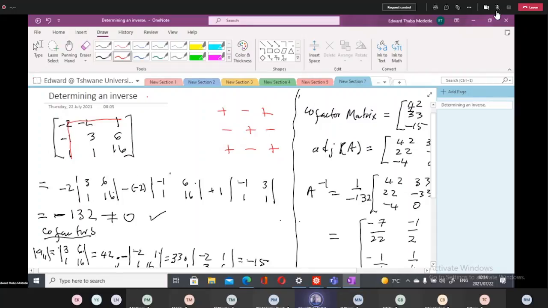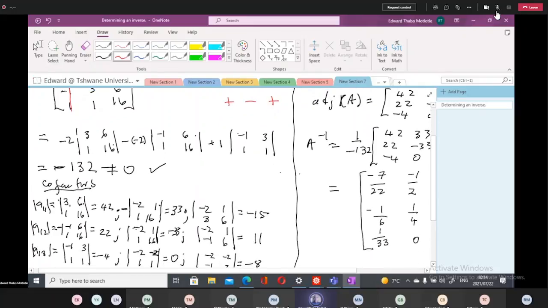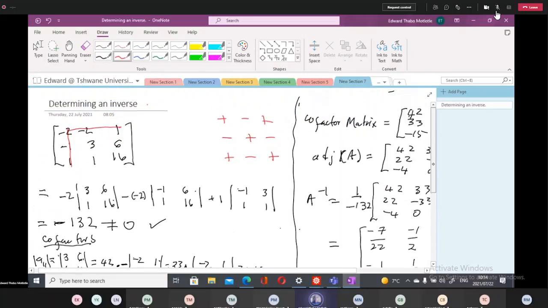That is A11. For A12, you hide the first row and second column, so you have -1, 1, 6, and 16.